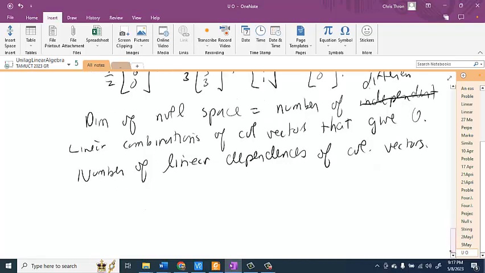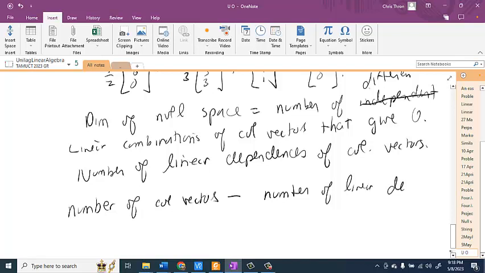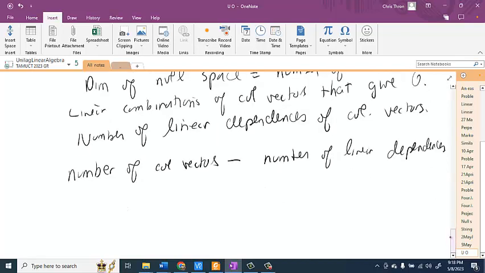So I have the number of column vectors, and I subtract the number of linear dependencies; those are the number of vectors I can remove and still form a basis.